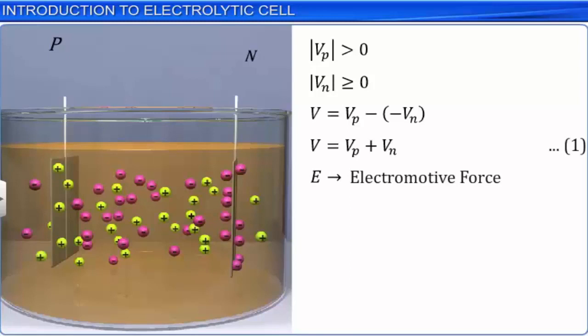Thus, E is equal to Vp plus Vn, which is greater than 0. Let this be equation 2. EMF is the short form of electromotive force. E actually represents potential difference, but was called electromotive force by the scientist who first used it, and the name continues to date. So far, we have studied the components in a cell and how potential difference comes into existence.